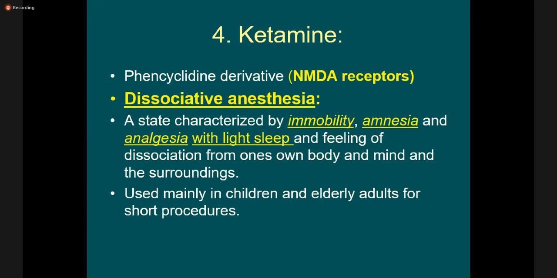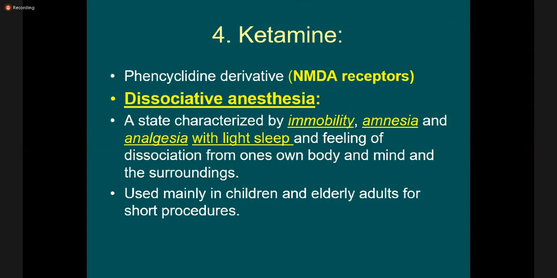Then we have a fourth drug, that is ketamine. Ketamine is a very different drug among the IV anesthetics, and it is chemically known as a phencyclidine derivative. If you go into the details, this drug is more related to drugs which change the behavior pattern of the patient.